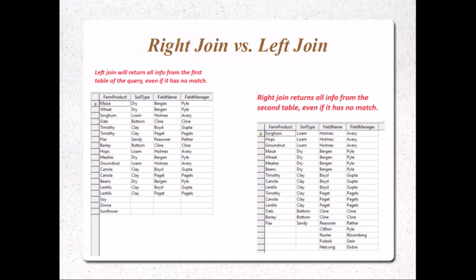So a left join will return all information from the left table, even if it has no match in the right table. You'll notice the left-hand table is missing all the data except in the bottom 3 rows, except for farm product, which I think is probably a required field. So it can't really join on anything. It doesn't have anything in the soil type column to join condition to the other table.